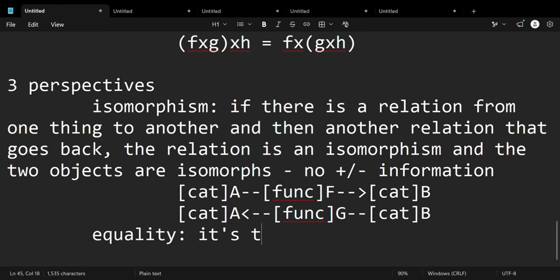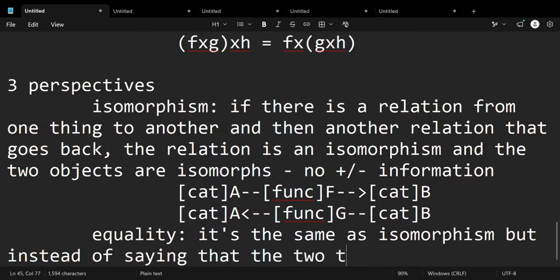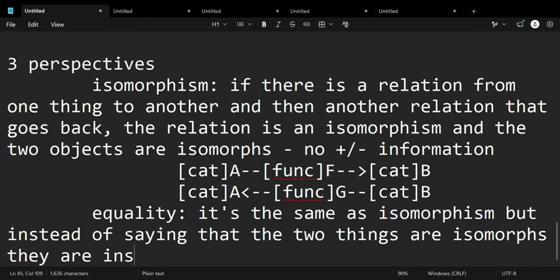So it's the same as isomorphism, but instead of saying that the two things are isomorphs, they are instead functionally equal.